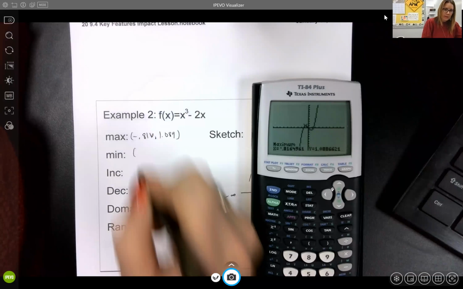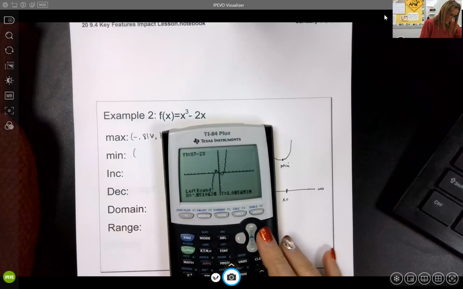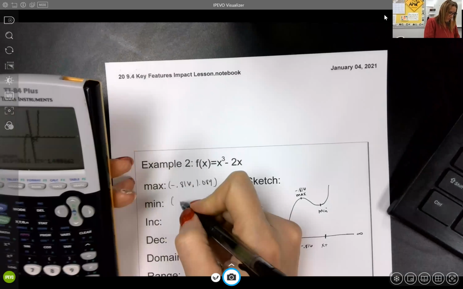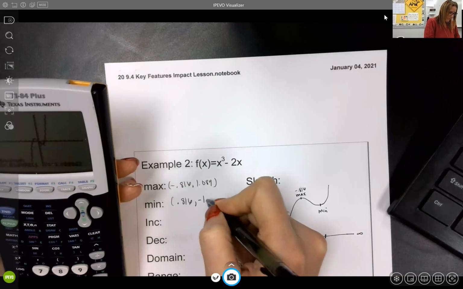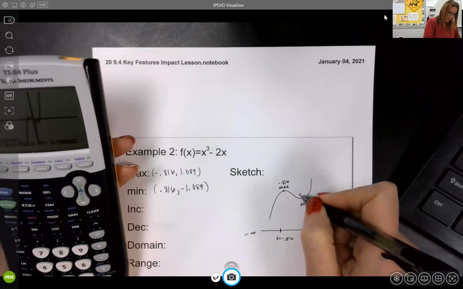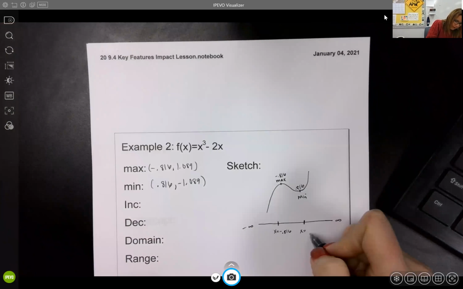Then the minimum, enter, enter, enter. For the minimum, it's the same thing, 0.816 and negative 1.089. So positive 0.816. Down here, this is going to be 0.816.